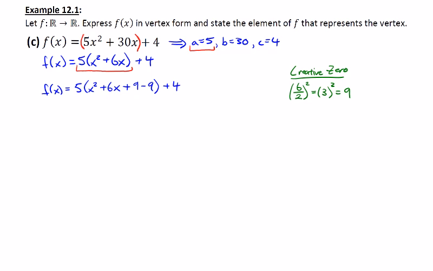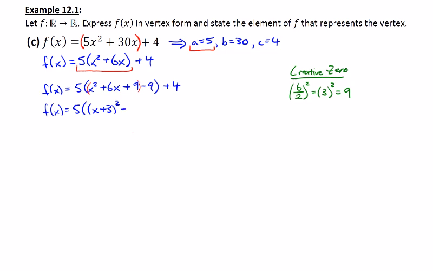Once I'm done with the creative zero, I'm going to then group the first 3 terms like we've been doing inside the parenthesis, and that's what's going to form a perfect square trinomial. That will be factored as x plus 3 squared.